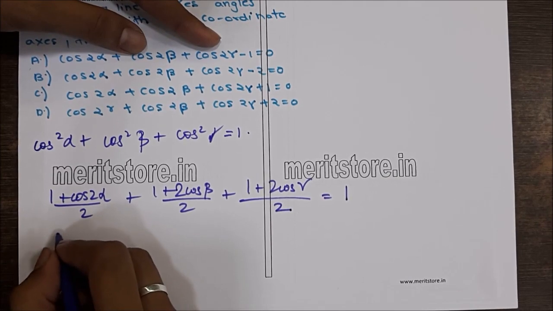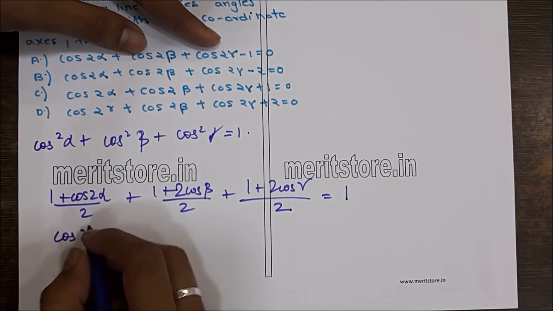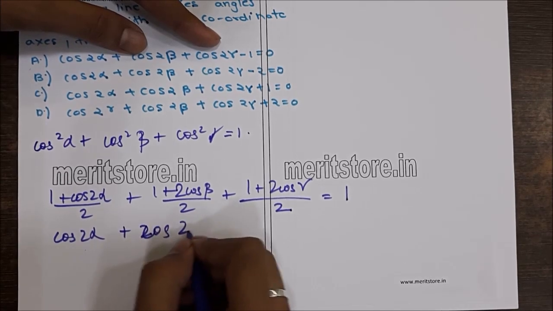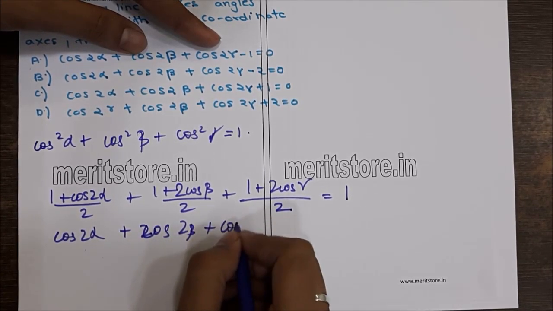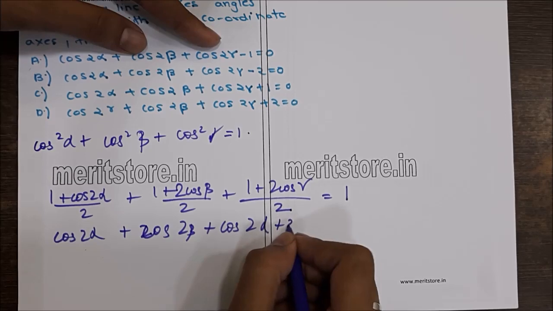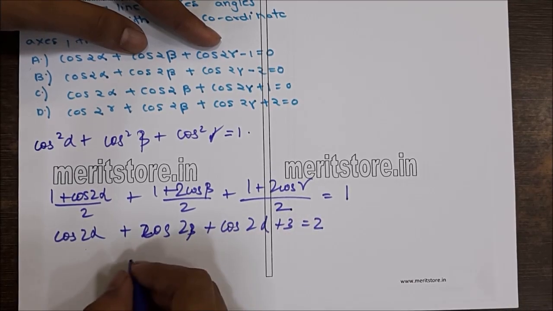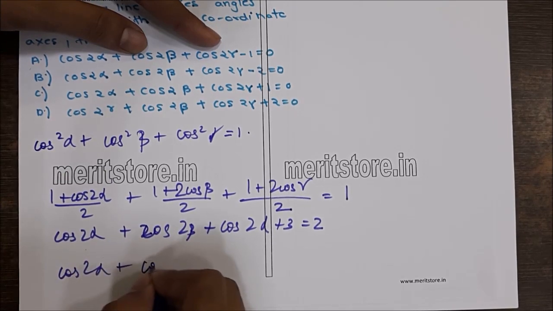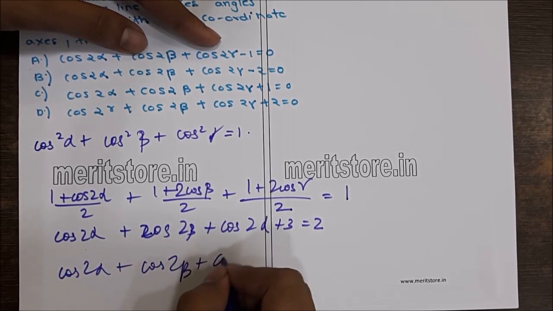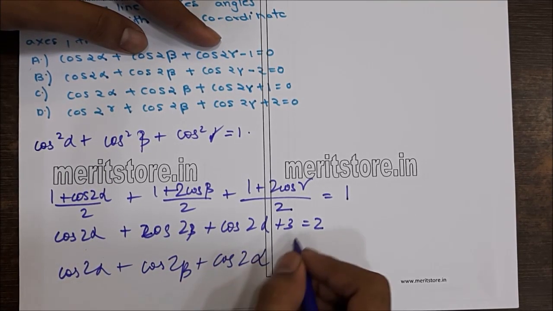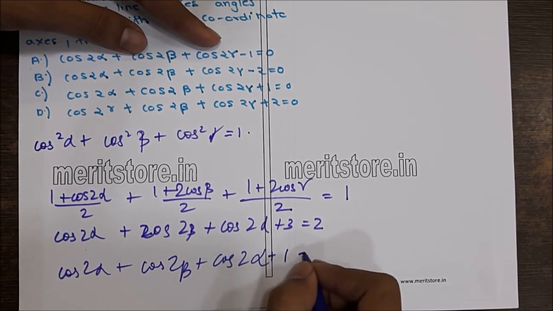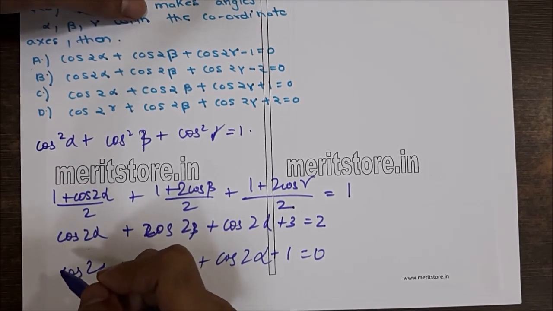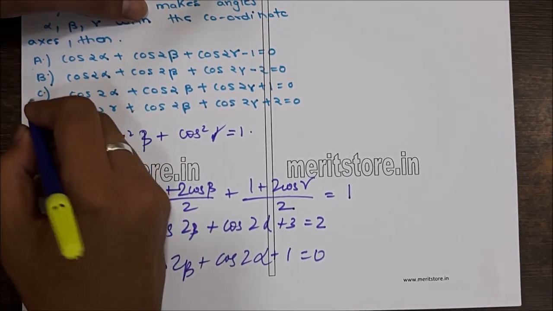From this we will get cos 2 alpha plus cos 2 beta plus cos 2 gamma plus 3 is equal to 2, which would be cos 2 alpha plus cos 2 beta plus cos 2 gamma, 3 minus 2 which is 1, so plus 1 is equal to 0. So our correct answer is option C.